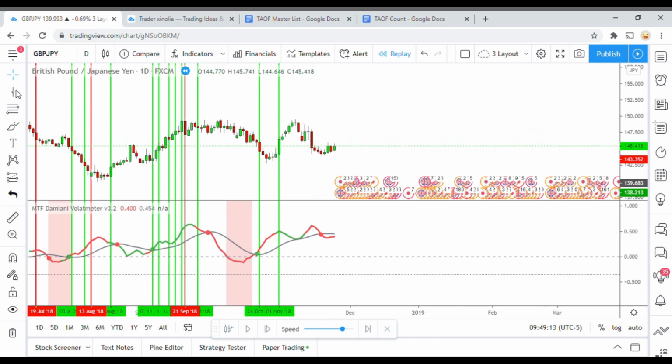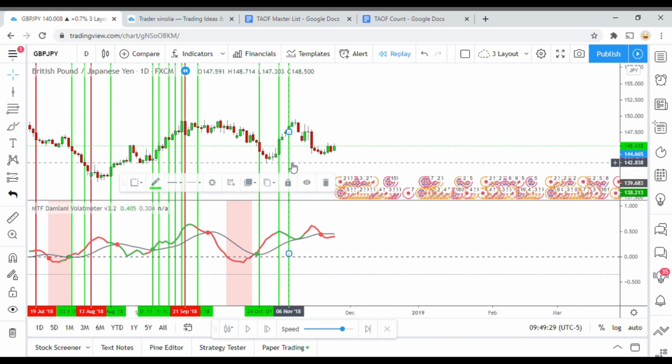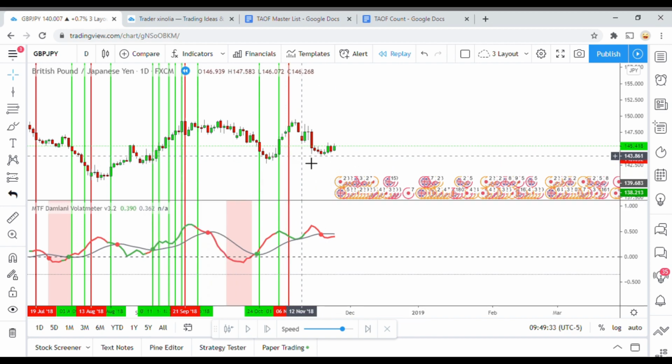Got us to take profit, and there was a continuation, then flip short on us. Let's actually check this. That would have been a losing trade. Then we pick up a short over here.